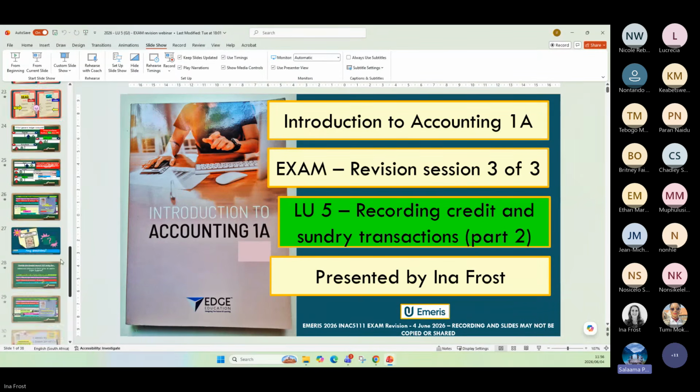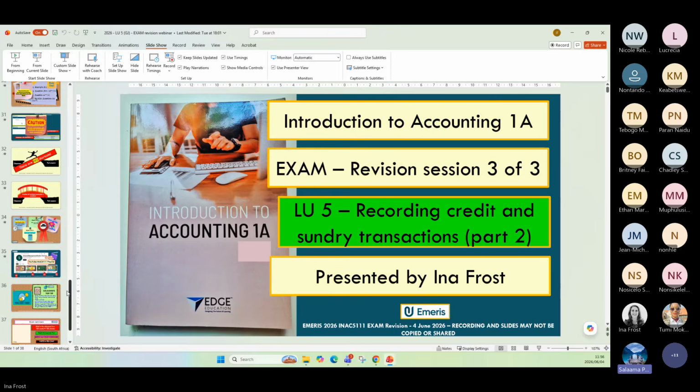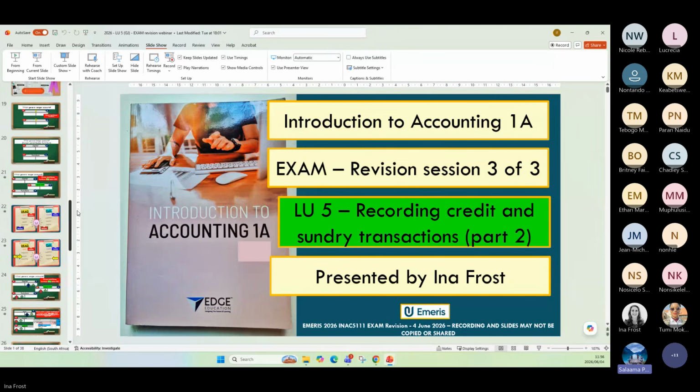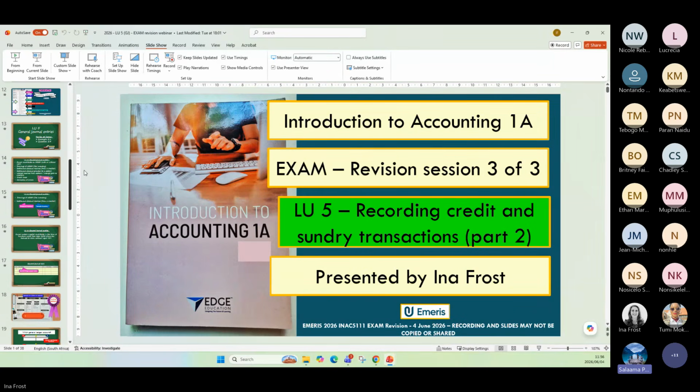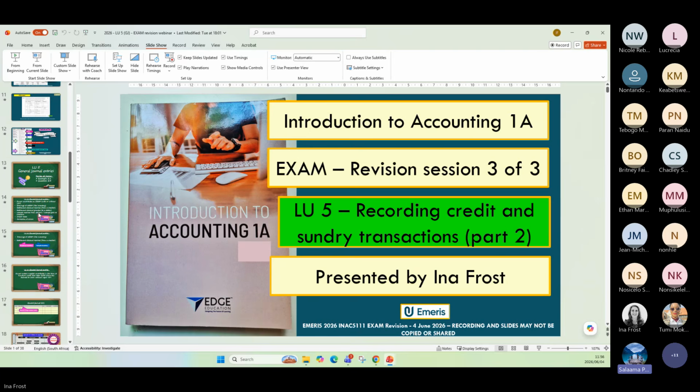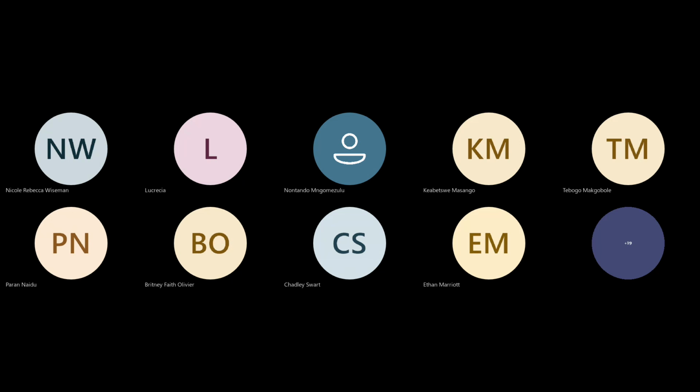So once you actually understand the transactions and the impact they have, then you will be able to apply those double entry rules. So very, very important for you just to remember your DEAD CLICK rules and to understand the double entry. Thank you, Ina.